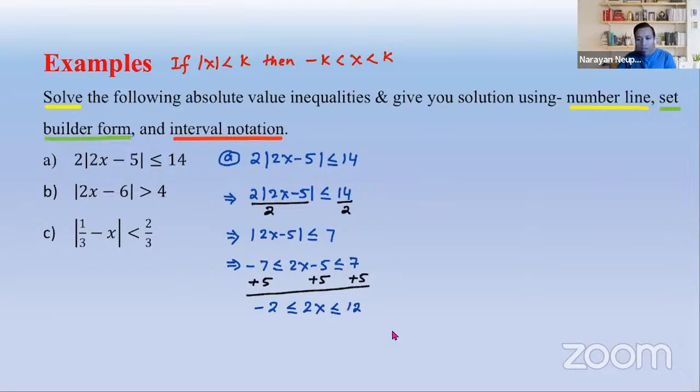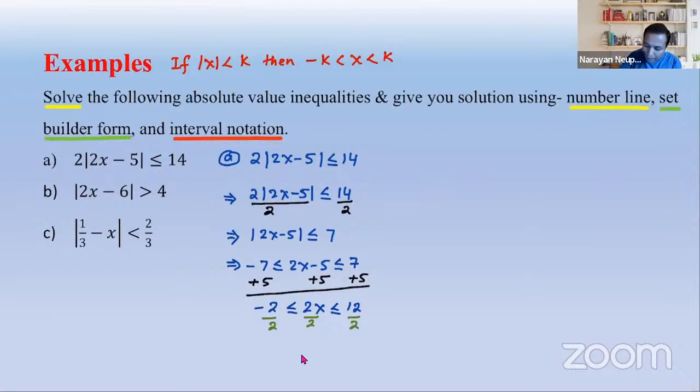Now we are almost done because solving the inequality means we just need x in the middle. We have a 2x there. So in order to remove that 2, we divide each of them by 2. To remove this 2 in the middle and just get x, we divide throughout by 2.